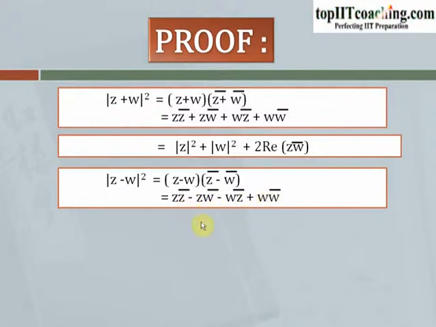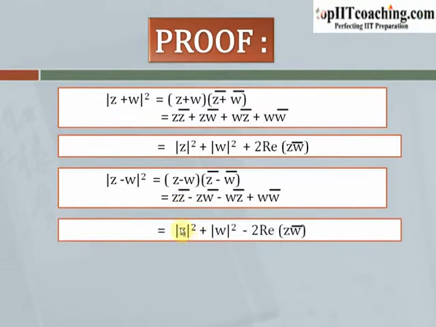Again, we see that z into z conjugate is the square of modulus of z. Similarly, this term is the square of modulus of w, and this term becomes minus 2 times real part of z into w conjugate. So modulus of z minus w whole square is equal to square of modulus of z plus square of modulus of w minus 2 times real part of z into w conjugate.